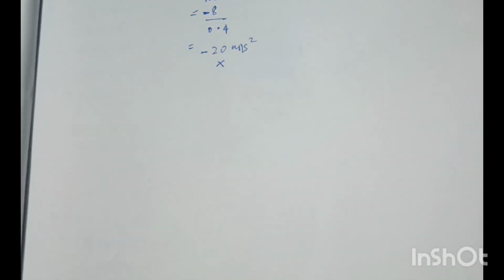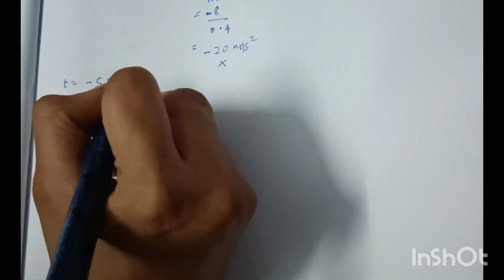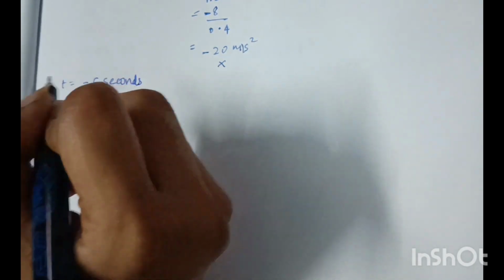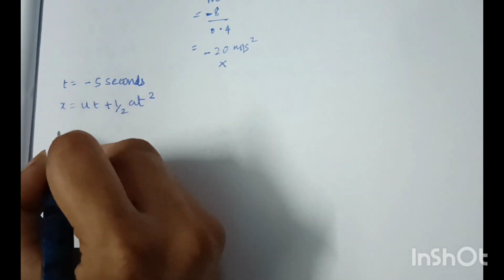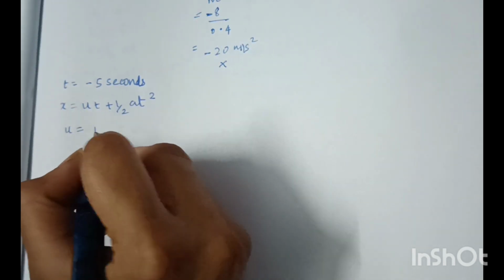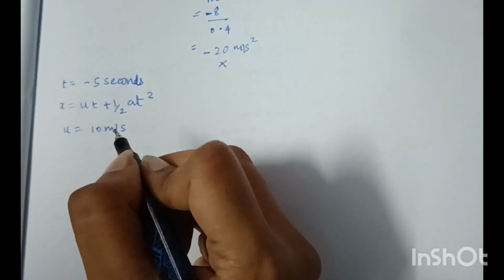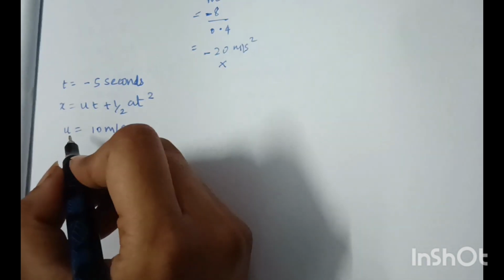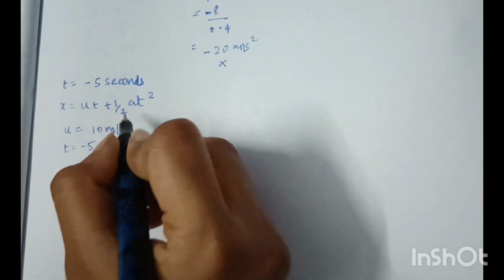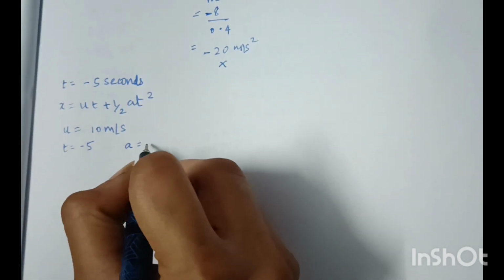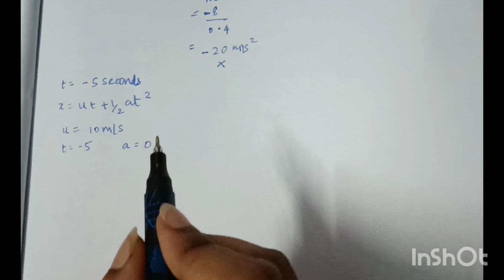Let us move to the first question, that is at t equals minus 5 seconds. We know x equals ut plus half at square. What is the initial velocity? It is given that it is 10 meter per second, moving towards north, and the time is minus 5. Acceleration is 0 because I have already told it is only for 0 to 30 seconds.